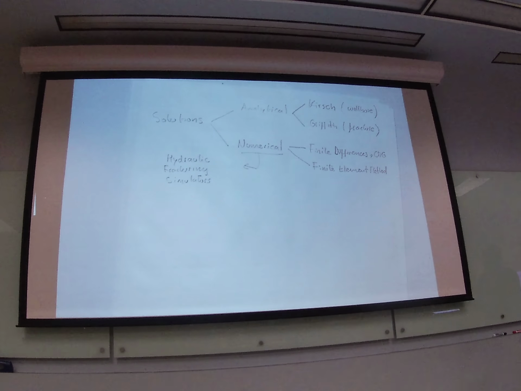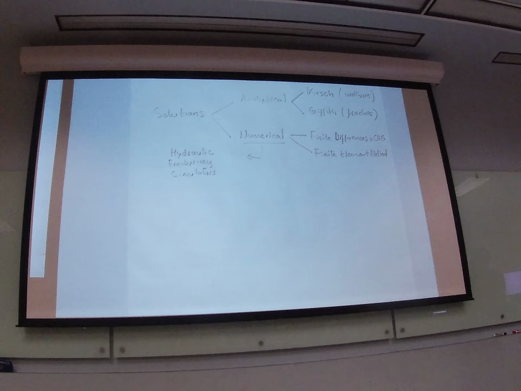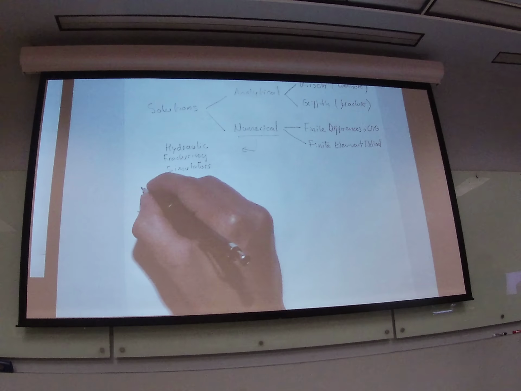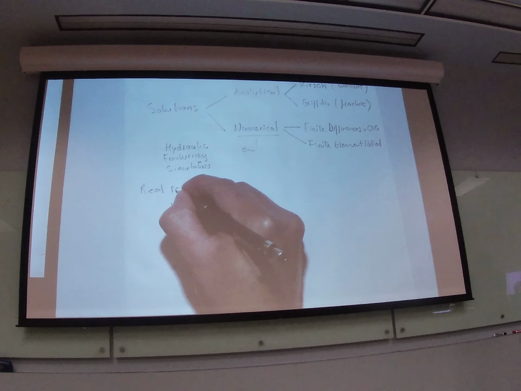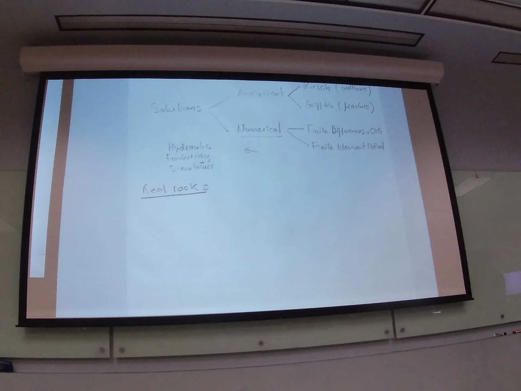So that's how you will solve a general problem of mechanics. There's one more thing that I'd like to discuss with you before we go to breaking some rocks. I need to talk about real rocks. We have made many assumptions that do not correspond to real rocks.